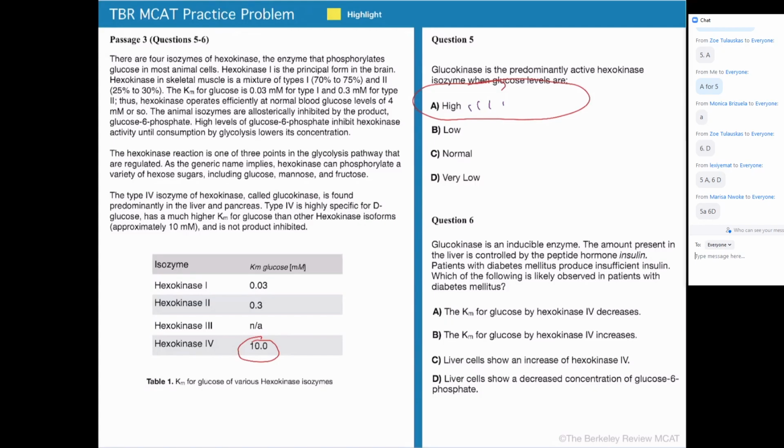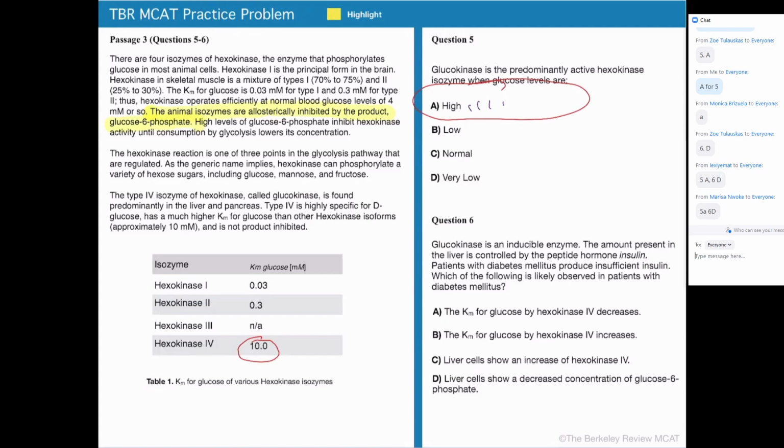And it says here that the animal isozymes are allosterically inhibited by the product, glucose 6-phosphate. So at higher concentrations, all those other isozymes are going to be inhibited, but the one that's not inhibited is hexokinase 4, which is glucokinase. Okay. All right, and now 6.